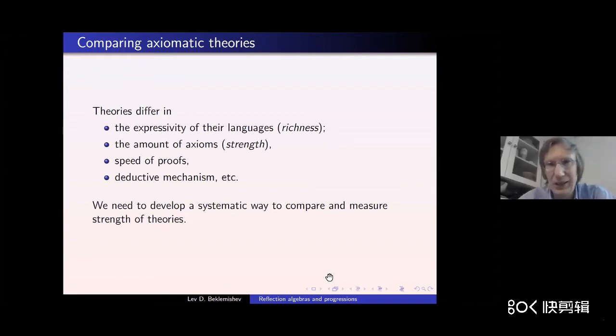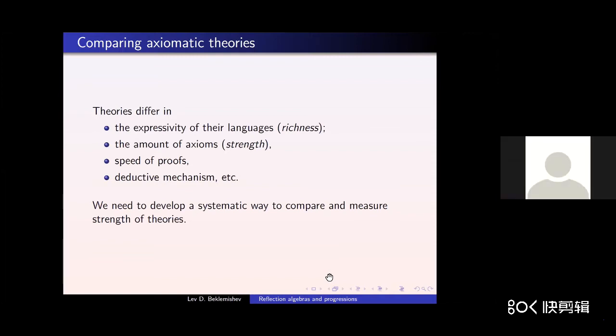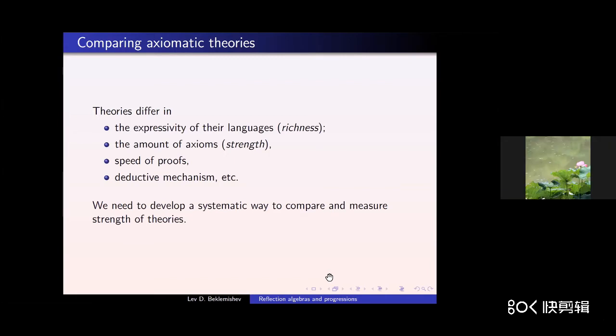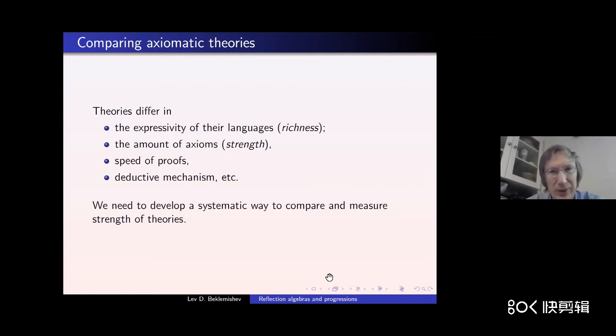However, being able to express more doesn't mean that your logical system is able to prove more facts. So this property of being able to prove more is called the strength of a logical system. Essentially it corresponds to the amount of axioms or the number of assumed principles for the system. And theories, even in the same language, can differ in strength.